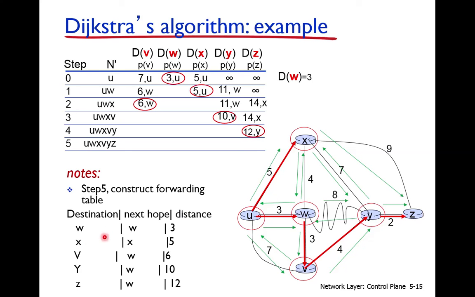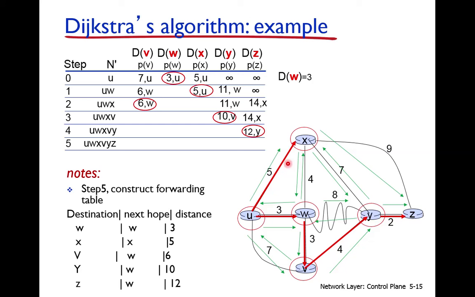The destination is w, and its distance is how much? 3. If you want to move from u to w, the distance is 3. And which one is the next hop? The next hop is w itself.